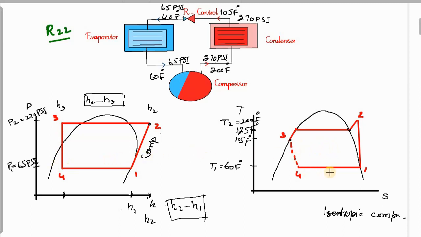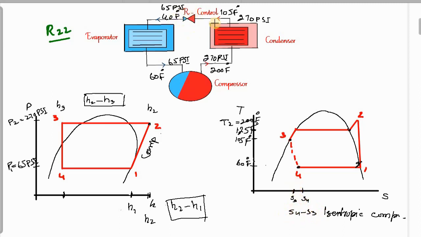While in this TS diagram, if we look at this expansion process, this refrigerant control process, it is from point 3 to point 4. Here there is a little bit of change in the entropy. For example, if this is our S3 and this is our S4, the change in the entropy is S4 minus S3, but this is a very small change in the entropy.